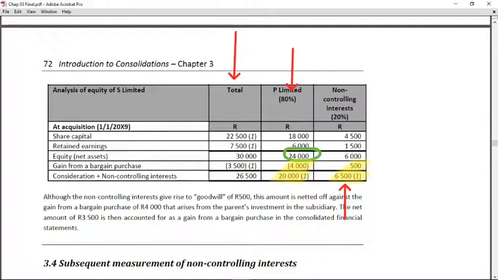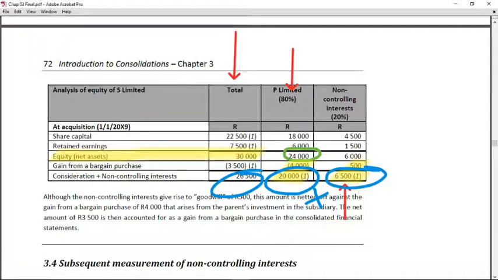And that is where you compare what the parent was willing to pay for his proportionate share, being the 20,000 Rand, plus what the parent measures NCI as, being the 6,500 Rand, giving you a total of 26,500 Rand, against the equity, the value of the business of S in total at acquisition date. And now you can see that the gain from bargain purchase for this group is 3,500 Rand.